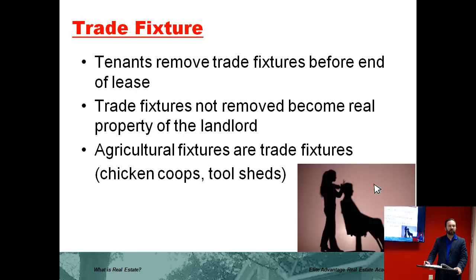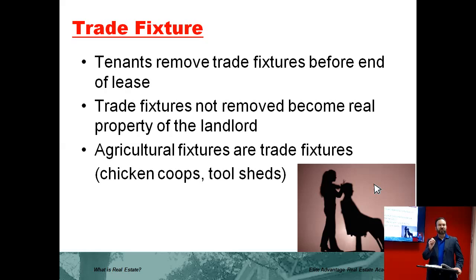Okay? We talk about properties on page 69, right-hand side. An article owned by the tenant and attached to a rented space for the use of conducting business is known as a trade fixture. Okay, probably want to highlight that. Oh, by the way, in the books too, you see the bold terms.